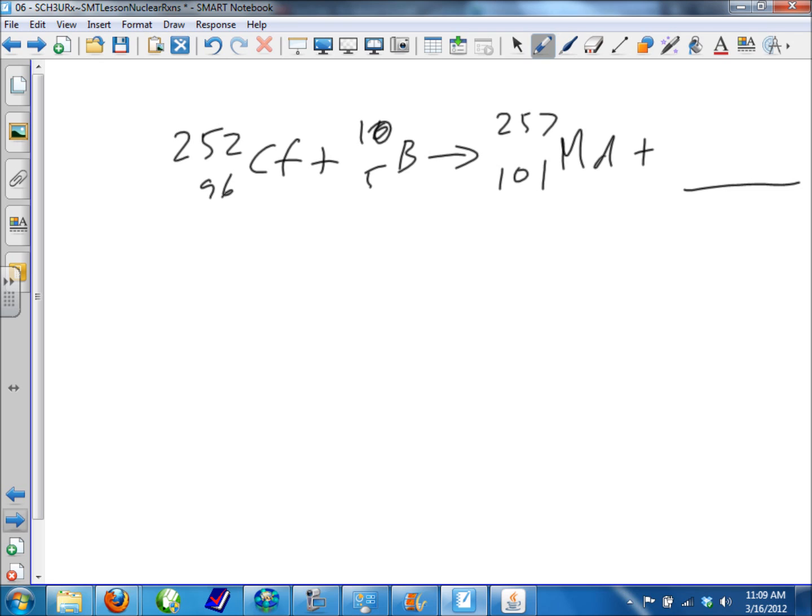Try to figure out how many neutrons are released.